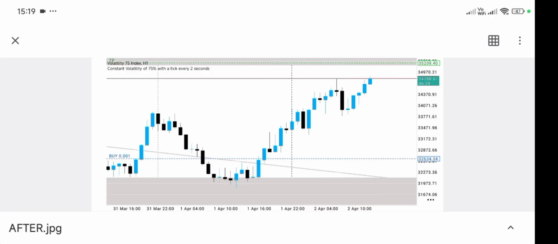Here is the after screenshot where it shows price being activated and moving higher up to my TP. This was a solid trade, with patience, good execution, and allowing the trade enough time to play out. These are the kind of results that you can get.